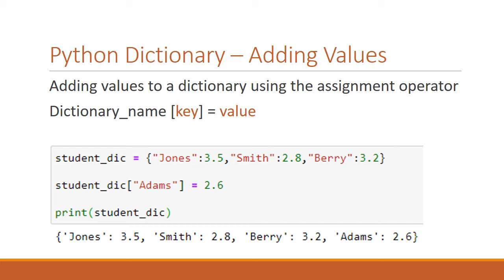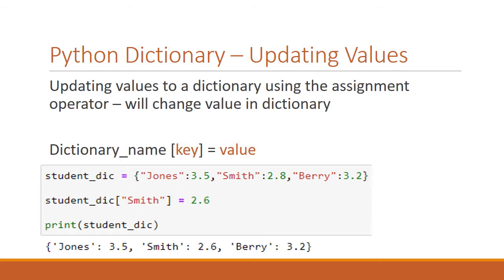So we use our dictionary name, student_dic, square brackets. Then we have our key, which is atoms. And we want to assign atoms the grade point average 2.6. You can see that when we print out our student dictionary, atoms is now in the dictionary, the key atoms, with the associated value 2.6.